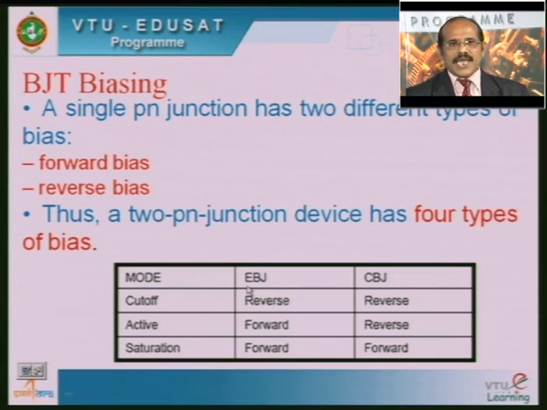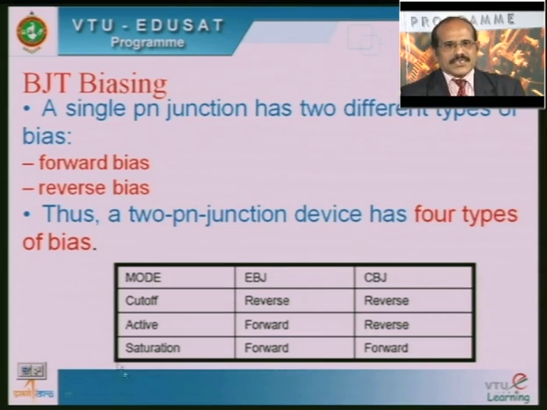If the emitter base junction is reverse bias and the collector base junction is also reverse bias, then the transistor is said to be in the cutoff region. Similarly, the transistor will be in the active region whenever the emitter base junction, that is the input junction, is forward bias, and the collector base junction, that is the output junction, is reverse bias.